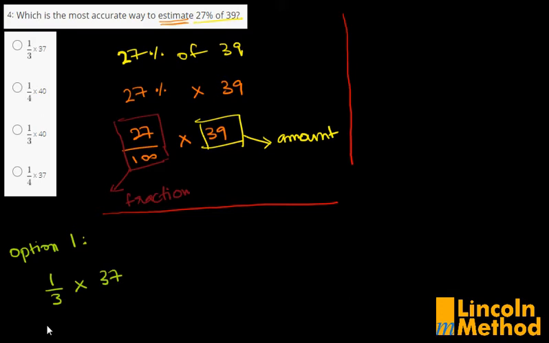So we have 1 over 3. Now if I use my calculator, the answer that I'm going to get is 0.333, and this goes on and on. We call numbers like these recurring decimals, which means that instead of writing the whole number, we can write down 2 decimal places and then place this symbol at the top. So this tells us that it's a recurring decimal. So we have 0.33 multiplied by 37.